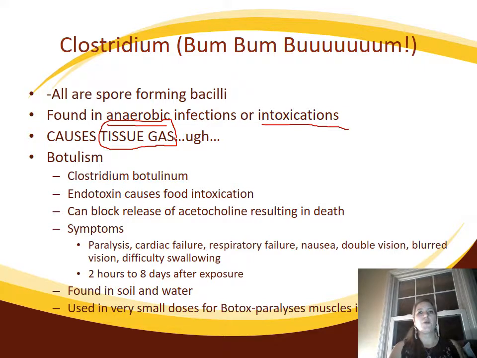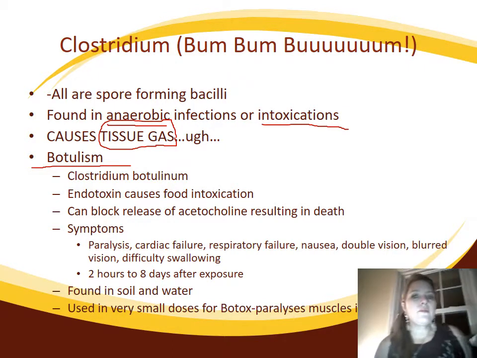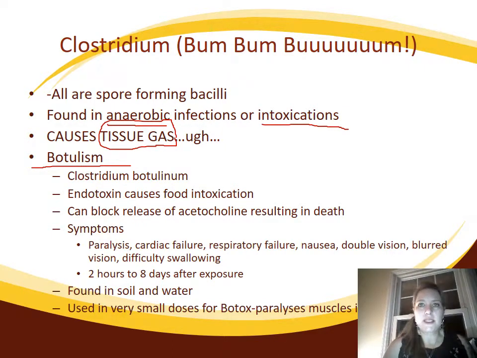So first of all, we have botulism, caused by Clostridium botulinum. The Clostridium itself isn't what makes you sick, it's the endotoxin that's created by the Clostridium. It generally causes food intoxication. This is particularly virulent because it is a spore-forming bacteria.